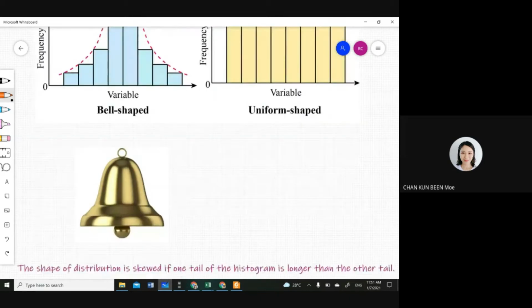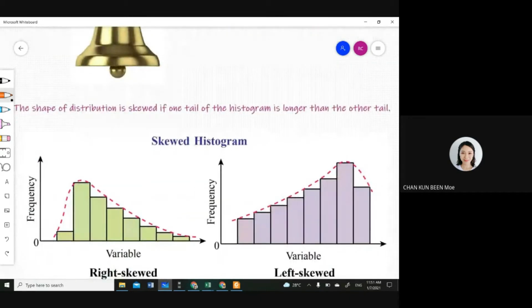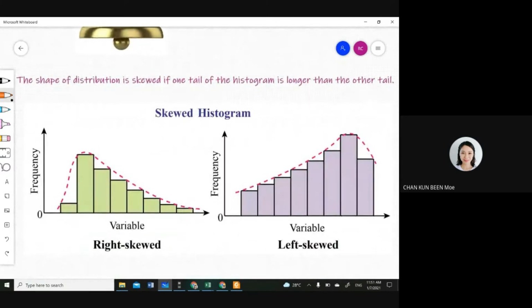Okay, we move on. Now we have a second one. The shape of the distribution is skewed if one tail of the histogram is longer than the other tail. So do you know the meaning of skewed over here? No. In Malay it is called sengit. You remember this.